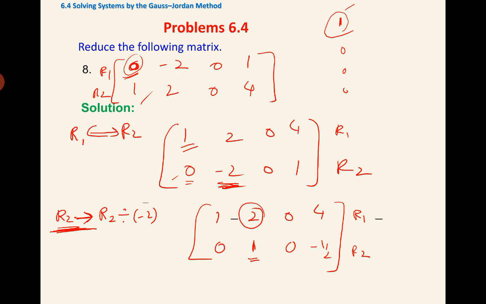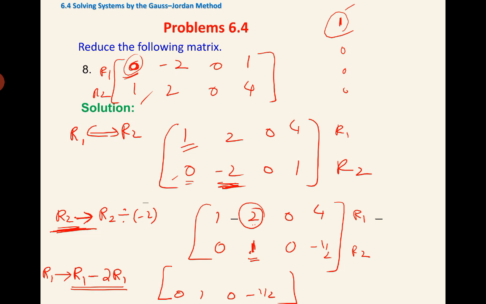So row 2 remains the same, 0, 1, 0, -1/2. But change occurs in row 1. Row 1 element is 2 here. 2 minus 1 will not be 0, but 2 minus 2 will be 0. So multiply row 2 by 2, and subtract it from row 1. Now you check this for every element.